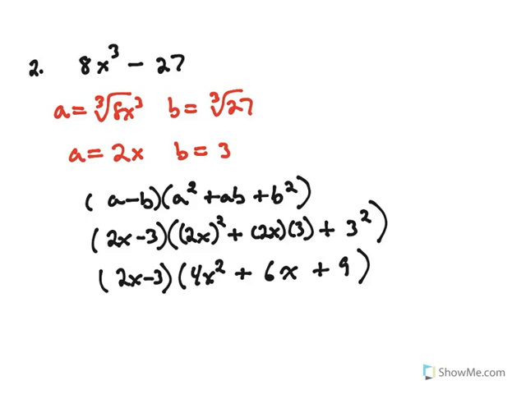Again, 3 squared does not mean 3 times 2. Let's be very careful. What it really means is 3 times 3. So be careful of those little errors that people tend to make. And then this would be your answer, okay?